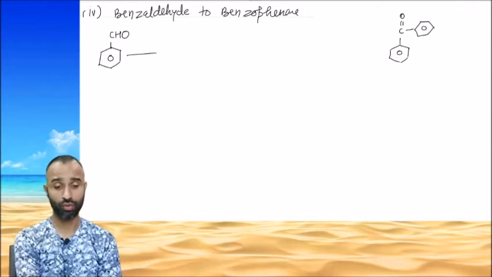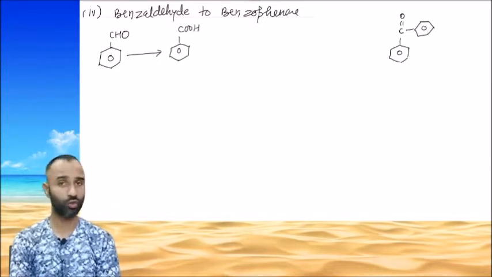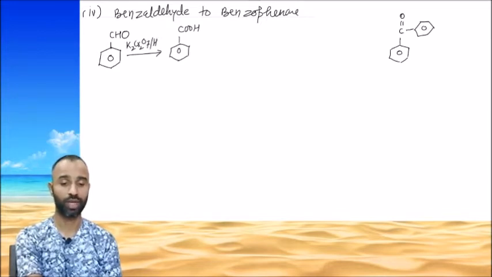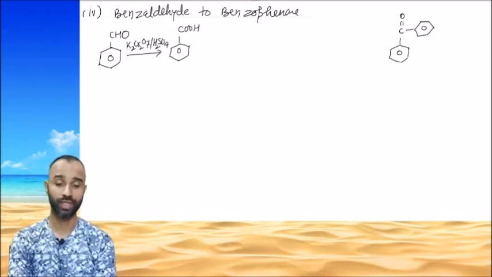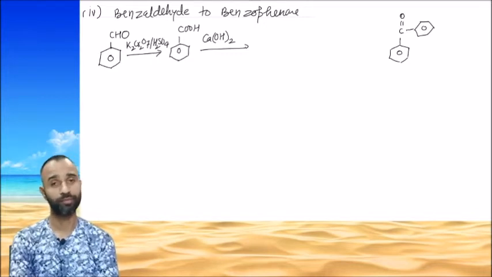So better to go for oxidation first. On oxidation we get benzoic acid, and it can be carried out by strong oxidizing agent like potassium dichromate in acidic medium, and then use calcium hydroxide.